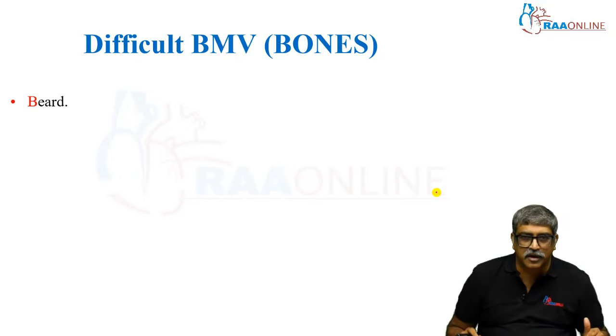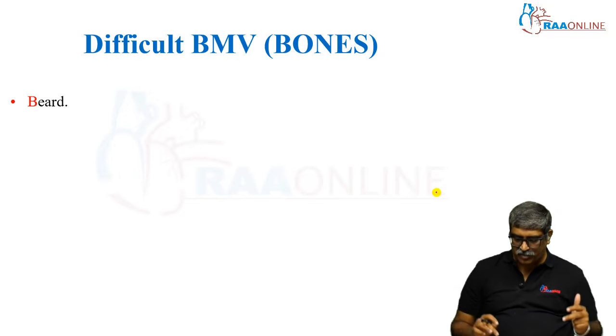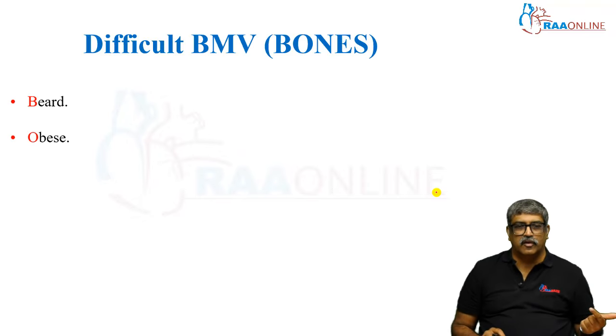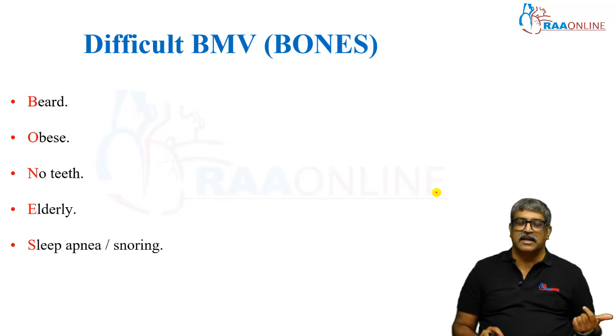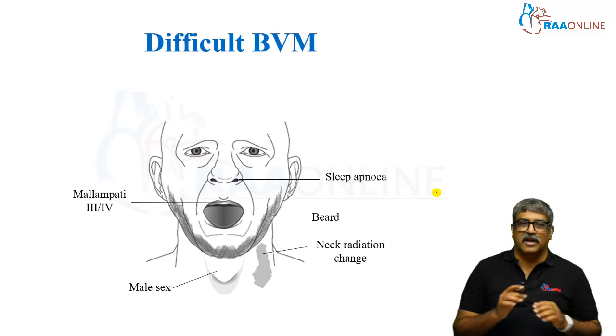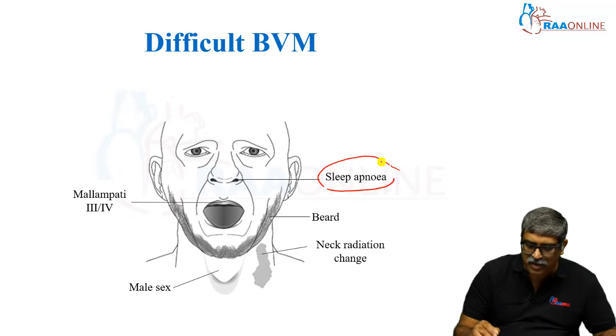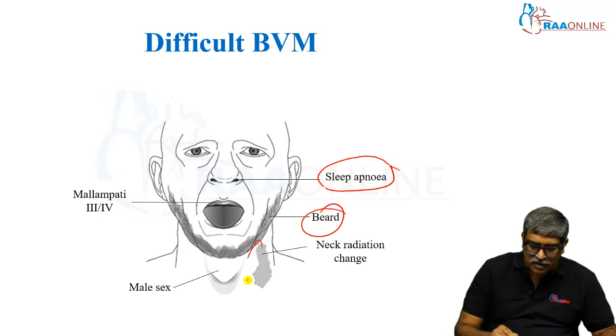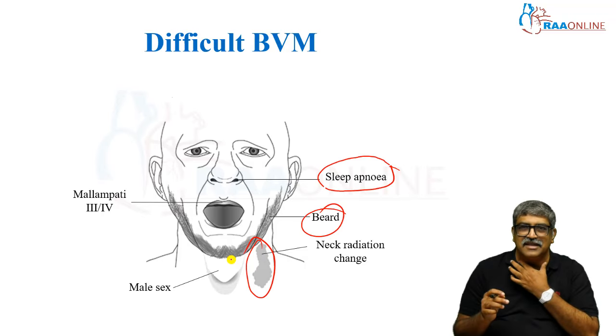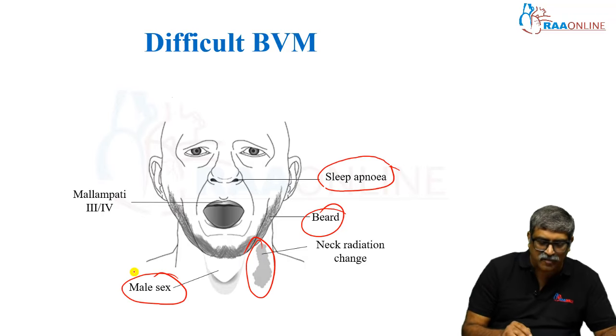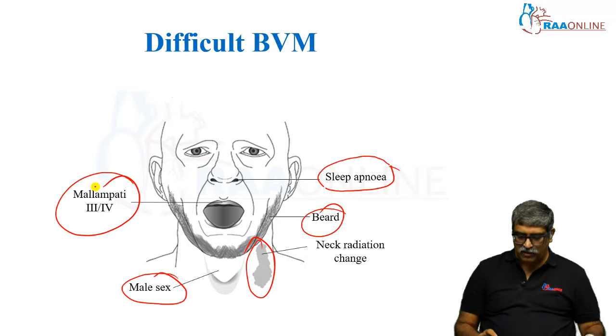Now coming to difficult bag mask ventilation, which is formed by the acronym BONES. B for beard, O for obesity, N for edentulous, that is no teeth, E for elderly, and S for sleep apnea or snoring. Coming to difficult bag mask ventilation in another format, here you look for sleep apnea, that is snoring, beard, neck radiation changes in the neck, presence of male sex, Mallampati score 3-4.